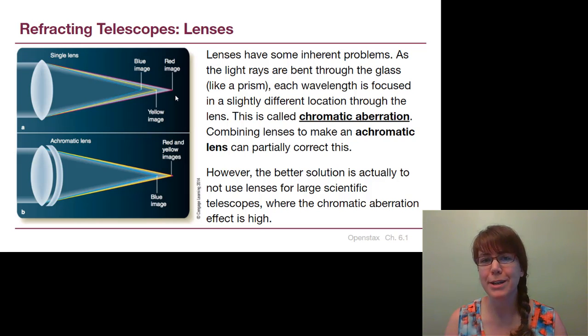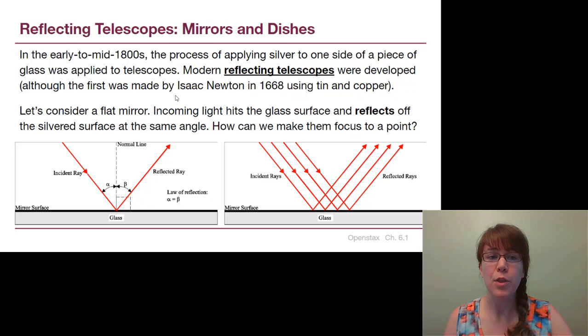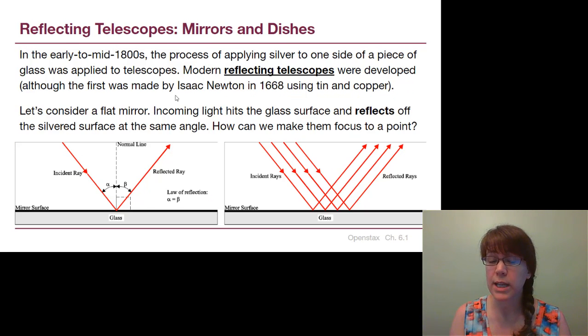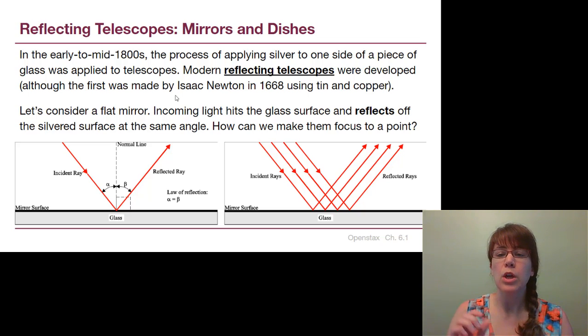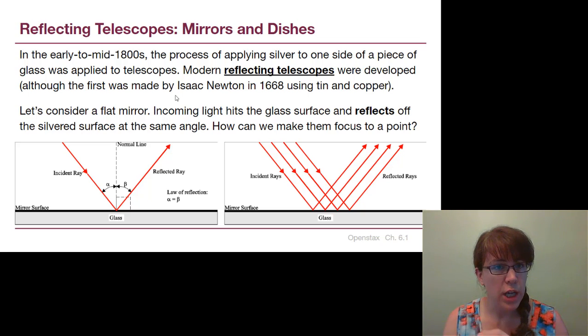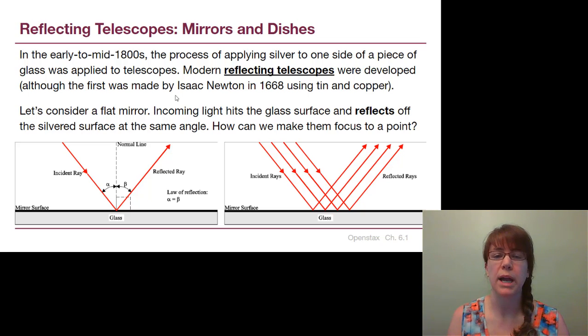So maybe you're thinking, well, why didn't we do that from the get-go? The problem is it took a while to actually come up with the science behind making the mirrors that we're so used to seeing in bathrooms and elsewhere. Isaac Newton had a reflecting telescope back in the 1600s, which was a very shiny piece of metal.